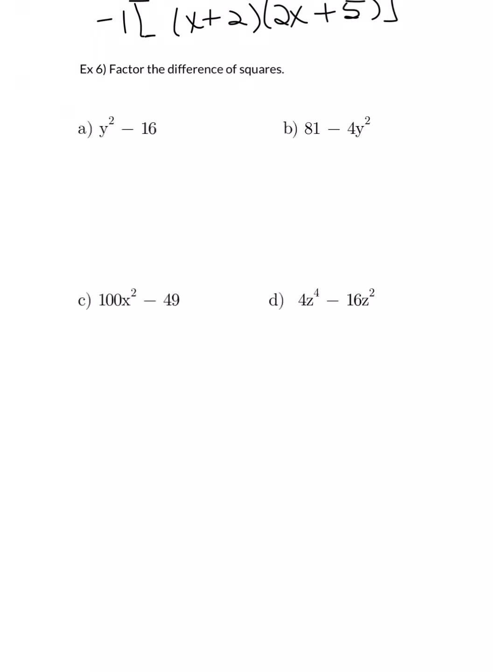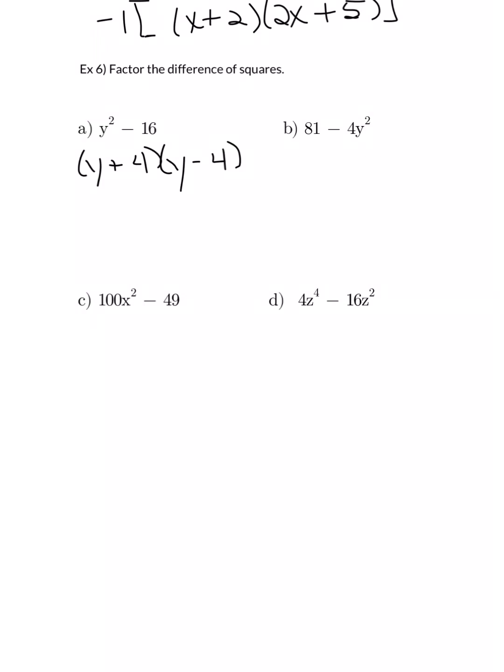When you look at our first problem, y squared minus 16, are they both squares? Yes. Is it 2 terms with subtraction between them? Yes. These kinds of problems always factor using the square root of each term. The square root of y squared is y. The square root of 16 is 4. The signs are 1 positive and 1 negative.